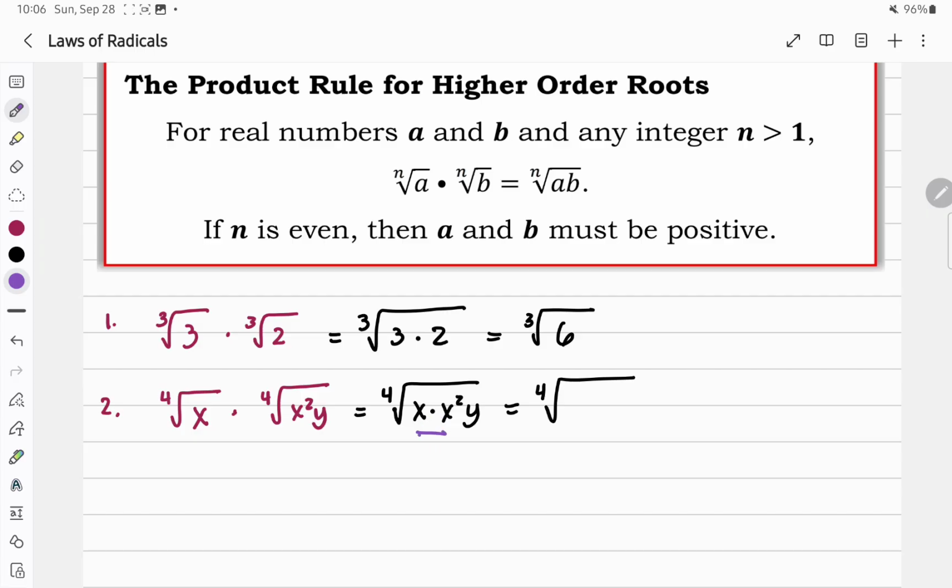Since this is x times x squared, ang gamitin natin is yung, if you have a raised to m times a raised to n, since they have the same base, you just add their exponent. So, ang exponent dito ay invisible 1, ang exponent dito ay 2, so you will have x raised to 1 plus 2, or that is x cubed y. That will be the answer.